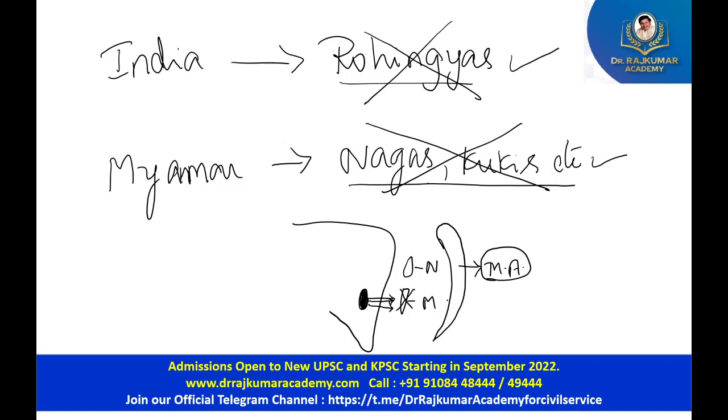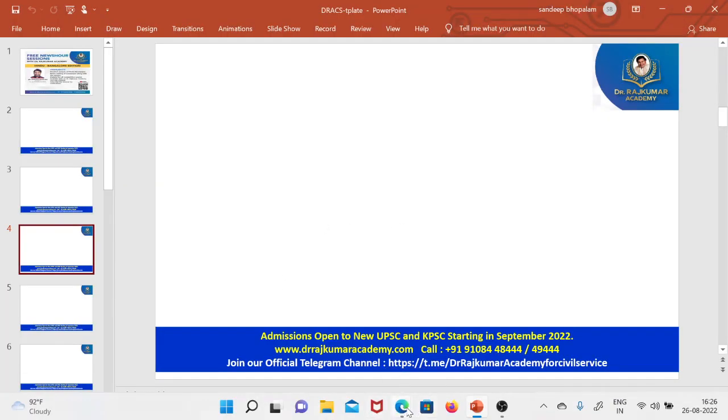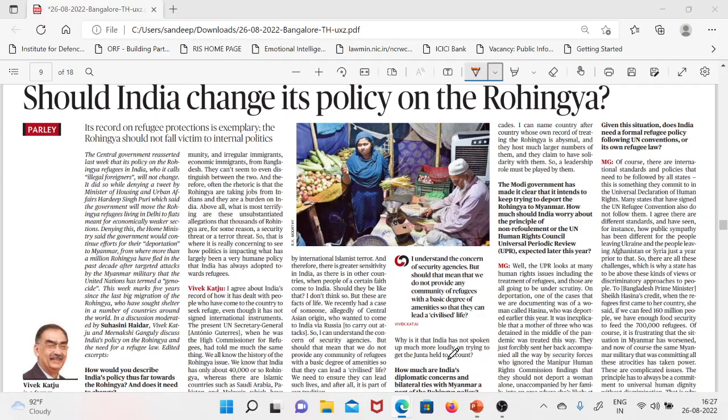Most of the illegal migrants or refugees coming from Myanmar are not sent back, but India calls them illegal migrants. And India is doing this because we know that if we don't, we will be in trouble. So, in India's self interest, it is very, very essential for us to not support Rohingyas.